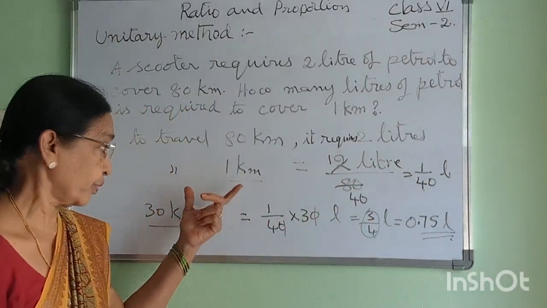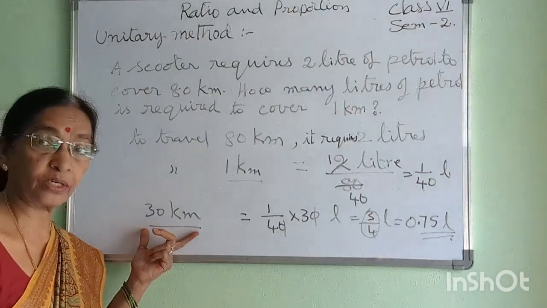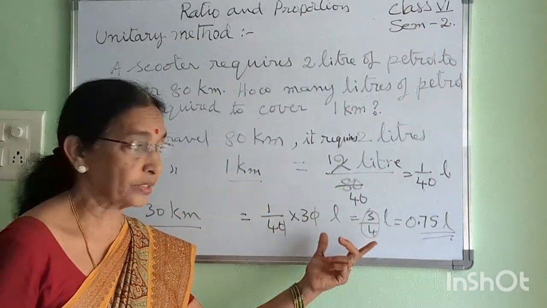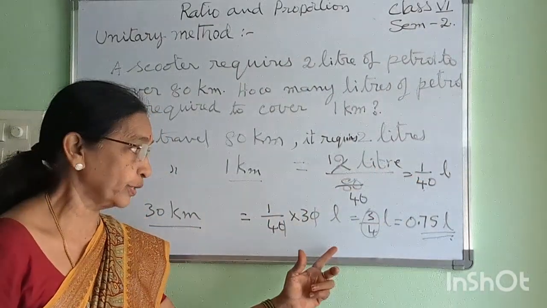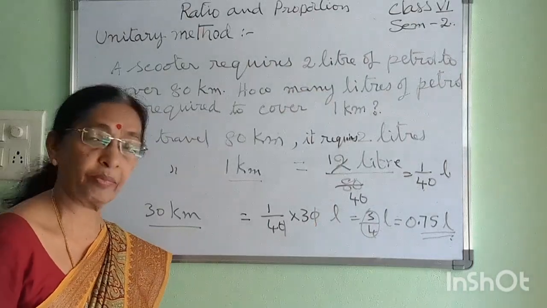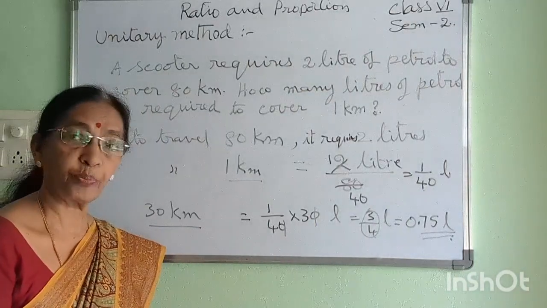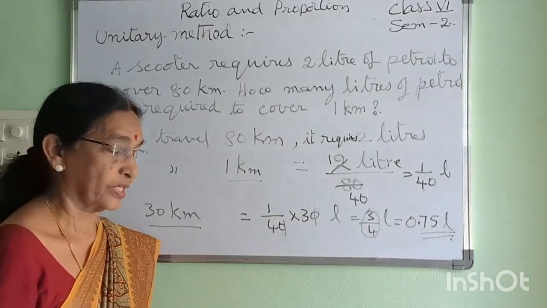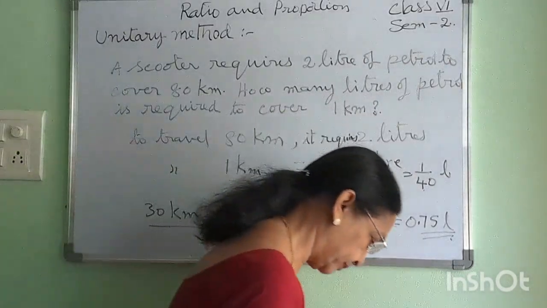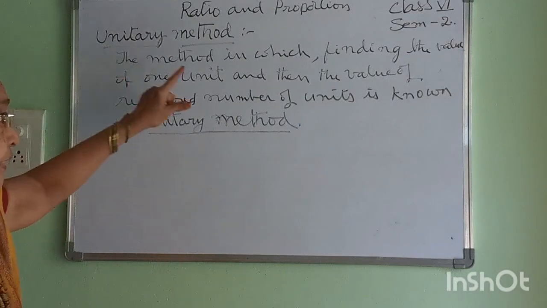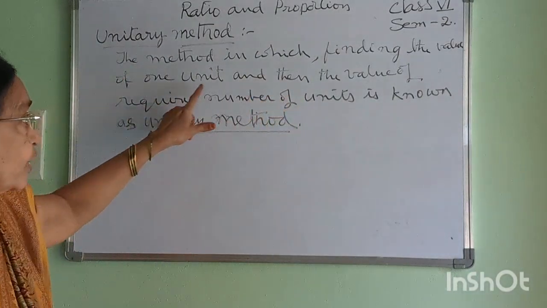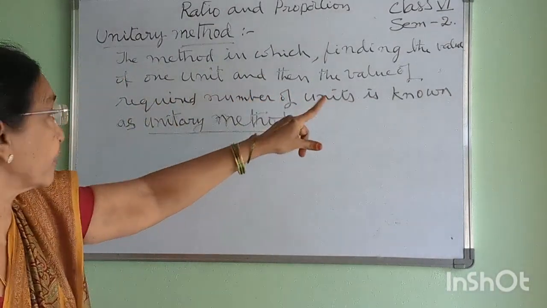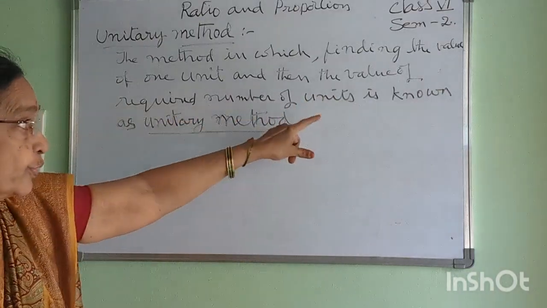So the amount of petrol required to travel 30 kilometers is 30 times this, 1 by 40 into 30, that is equal to 3 by 4 liter or 0.75 liter. So this method is called the unitary method. The method in which we find the value of 1 unit and then the value of the required number of units is known as the unitary method.